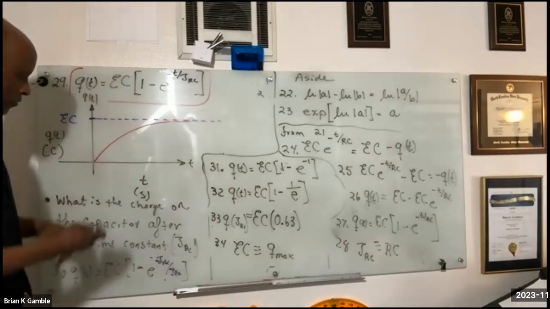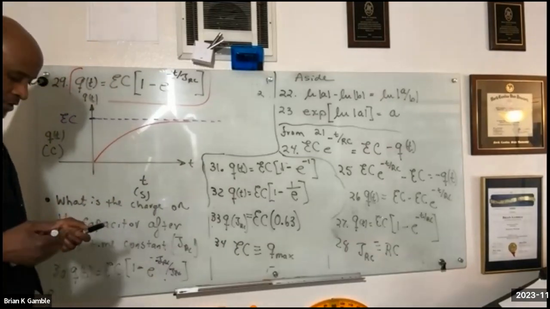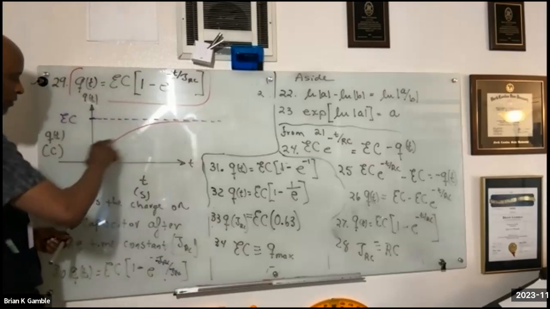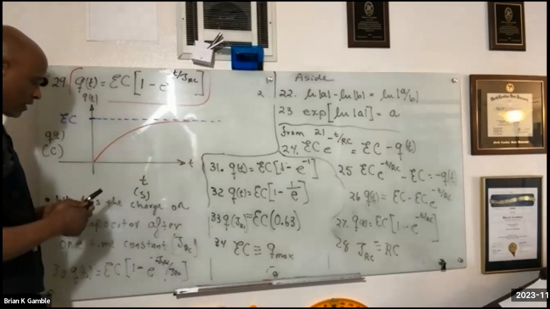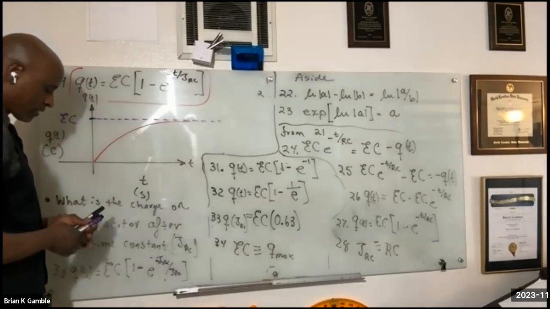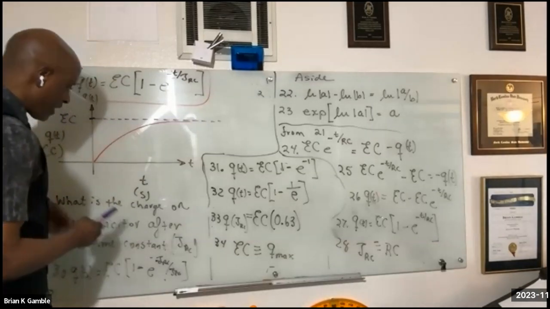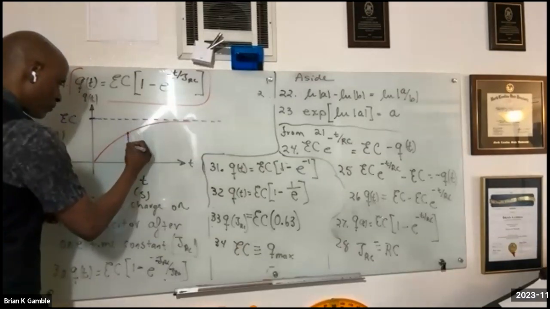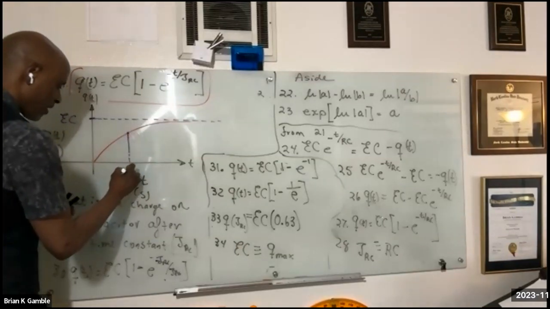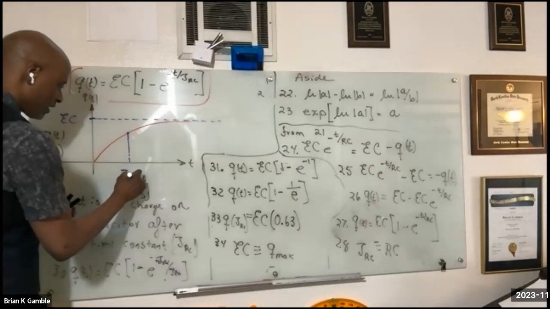So what's done is, here, maybe if that's a whole, then that's a half. So 63% might be somewhere here. And you probably want to see a graph like this in your book. You might say that at this point here, that represents one time constant, tau RC.